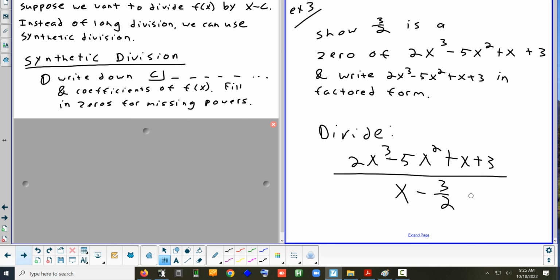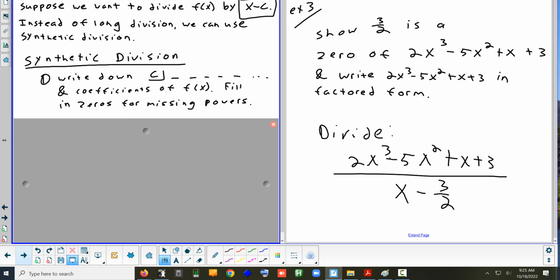So, one way we could do this, we could use long division. We already know long division. Long division would work perfect on this problem. But there's a faster way to do it. It's called synthetic division. The faster way works as long as you are dividing by x minus a number.